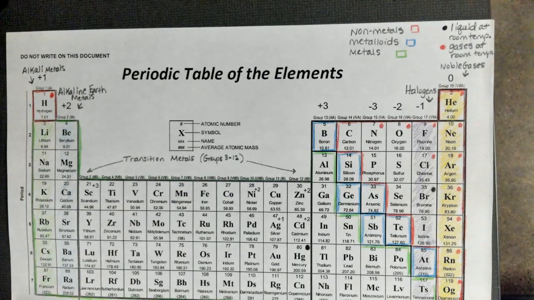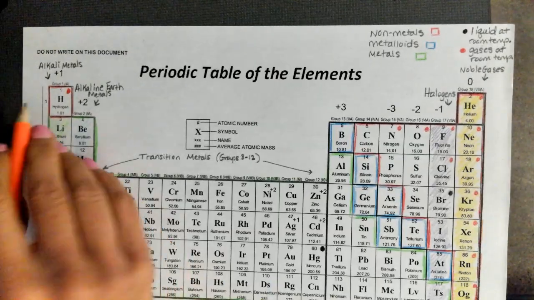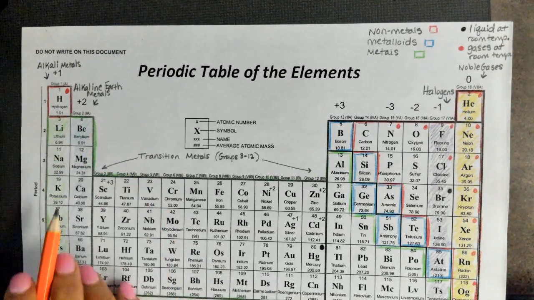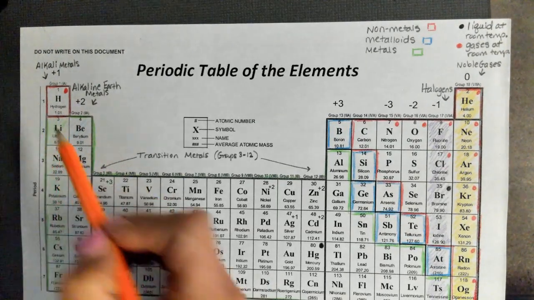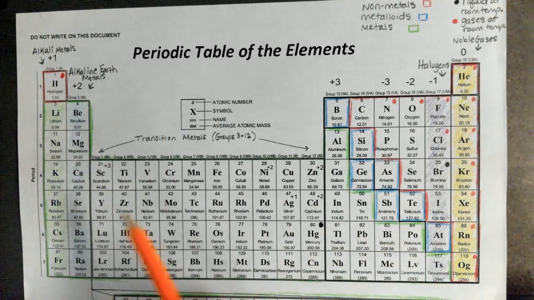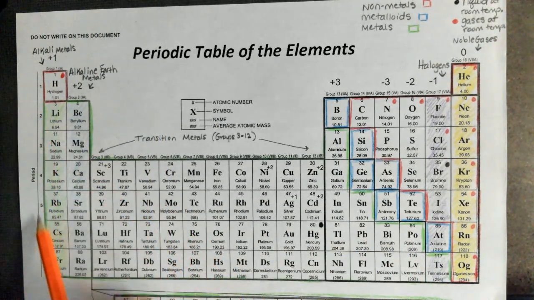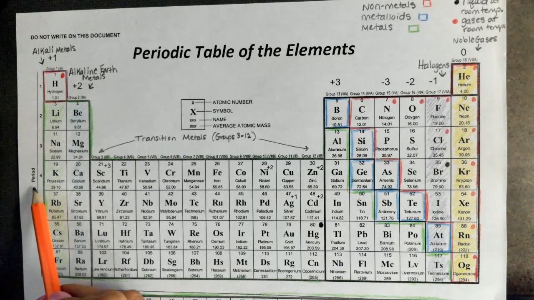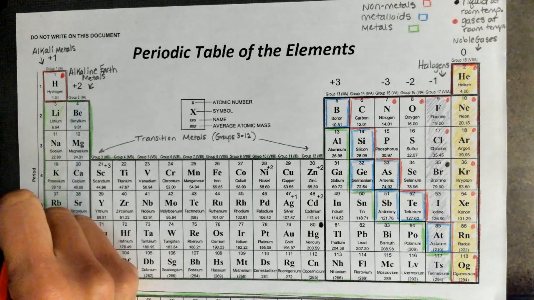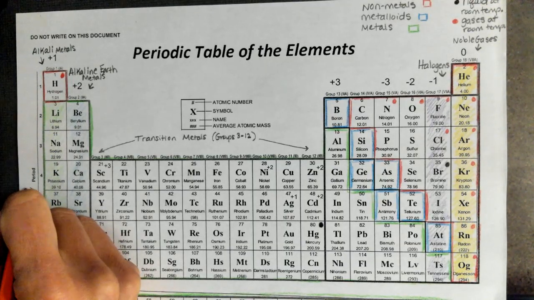And what we're going to do now is we are going to label the periods on the periodic table. So using your pencil, okay, we're going to start over here where it says group 1. It's actually already labeled for you, so I don't even need to label those. But if you look over here, you've got 7 different periods. So just know that periods, they go left to right.